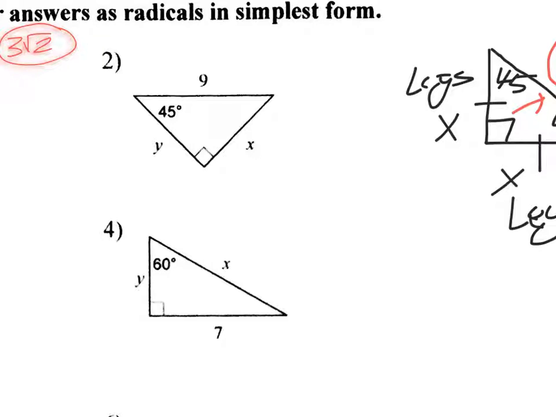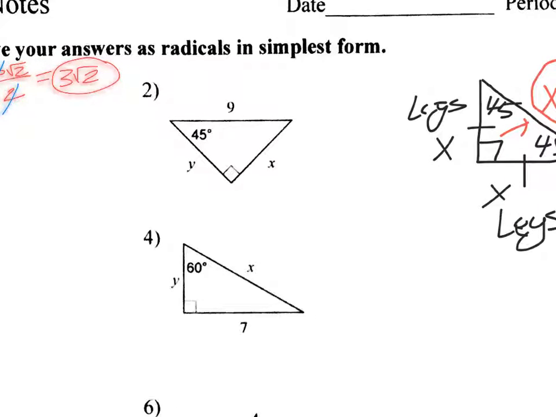Same sort of thing. This is the hypotenuse. I'm wanting to find the leg. Now again, I only have to do it one time. So how do I do it? I'm getting smaller, so I have to divide by square root of 2. So again, I have to rationalize, so I'll multiply by square root of 2 over square root of 2.